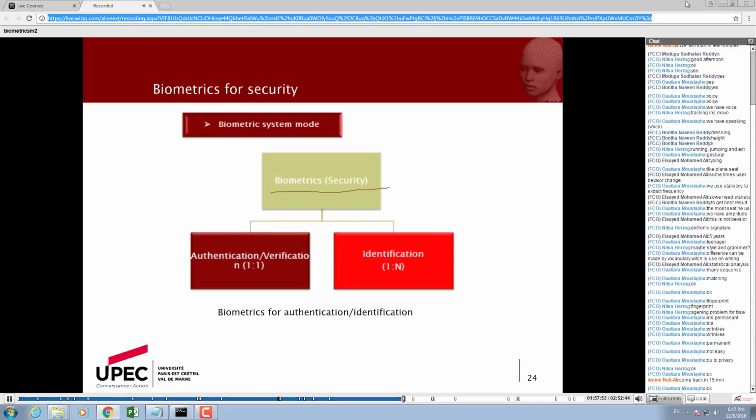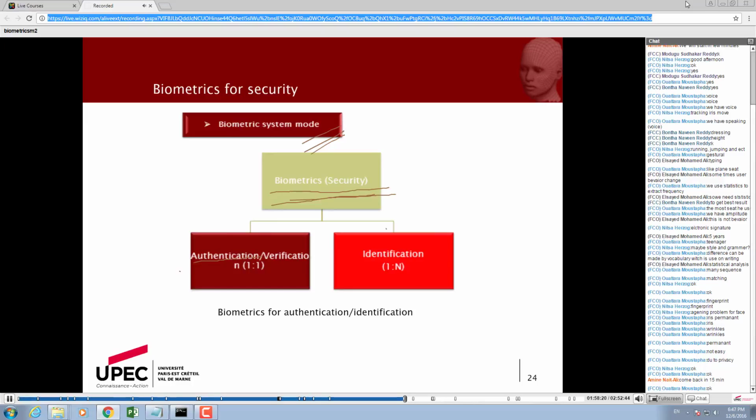Maybe the students coming from Master 1 already saw this similar slide. So here we'll be talking about biometric system mode. It means when we deal with biometrics for security, we can use this biometrics in two modes.